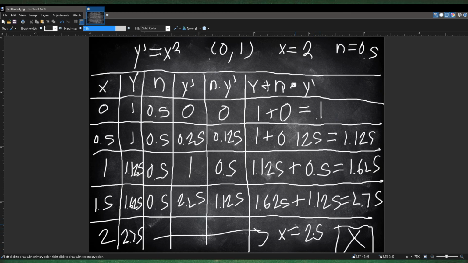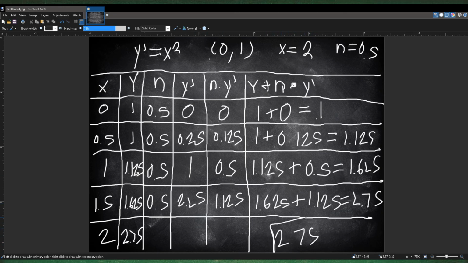So if you're going to do all this math, be sure not to get tricked by the idea that you have to do one more row. You don't. You end at the step that's right before the number that you want. We're ending at 1.5, which is before 2. That's going to become your answer. So our answer is 2.75.